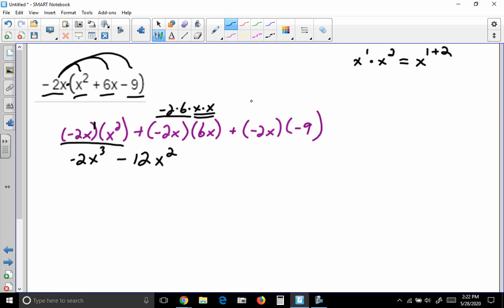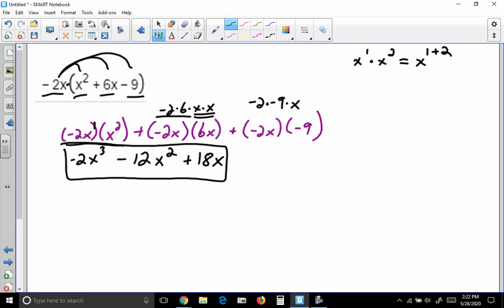Here we have negative 2 times negative 9. Negative times negative makes a positive, 18. And then we have an x, and that one doesn't have an x, so 18 is times x. Notice these are not like terms because each term has a different exponent, so that's as far as we can go with it. So we have multiplied each of these pieces by a negative 2x.